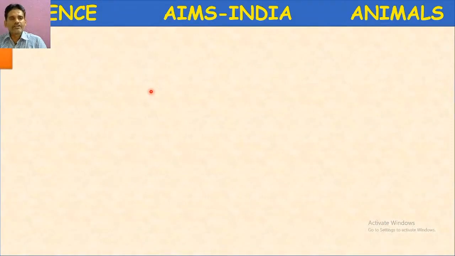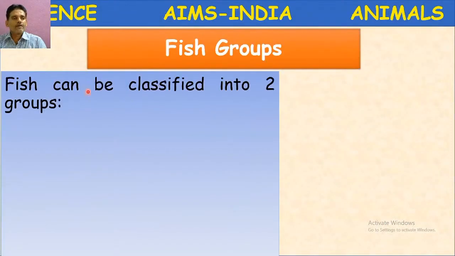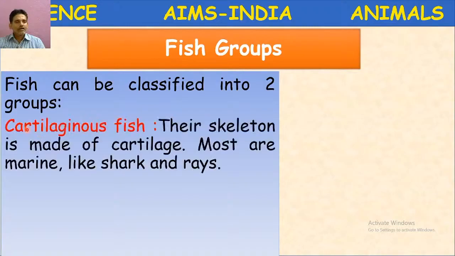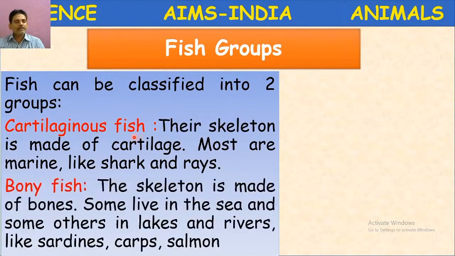Next, fish groups. Fish can be classified into two groups. They are cartilaginous fish and bony fish. What are cartilaginous fish? The fish with the skeleton made of cartilage.